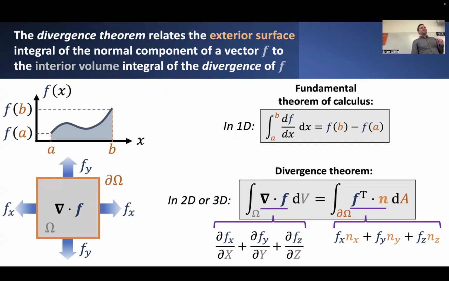Effectively, if you remember the fundamental theorem of calculus, it gave us this relationship: the integral of some derivative of a function between some limits a and b is equivalent to just evaluating that same function f at a and b, but with corresponding plus or minus signs attached to it. The divergence theorem looked kind of similar.